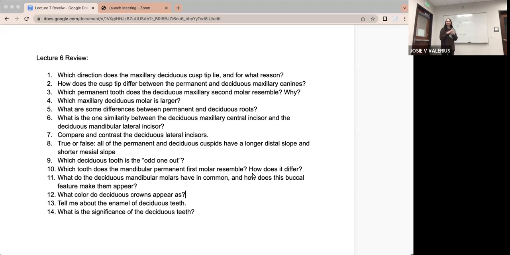Are they both rhomboid? Yes. So basically what I'm getting at is they both have the rhomboid occlusal outline. They both have the cusp of Carabelli, a non-functional cusp on the mesiolingual cusp. And then they both have that oblique ridge connecting the mesiolingual and distobuccal cusps. So there are some anatomical similarities that make them look similar.